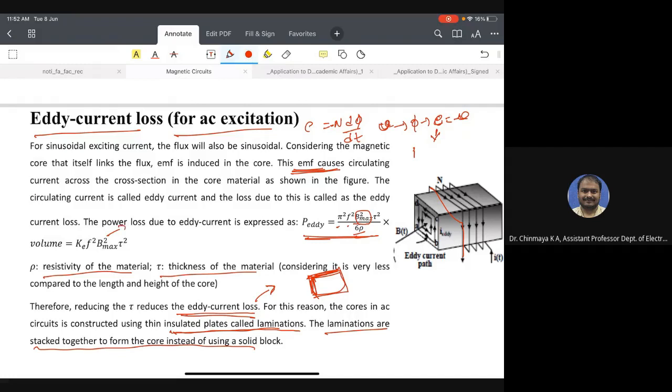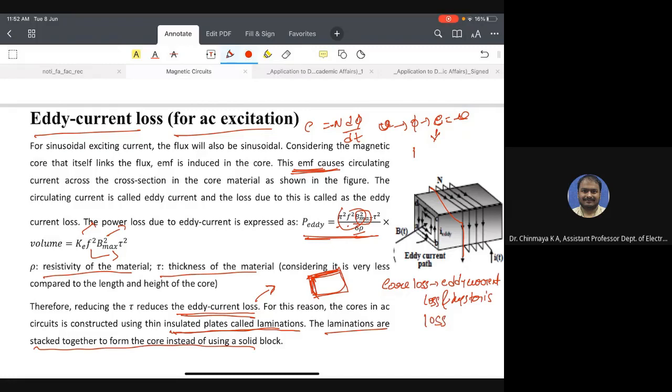B is the flux density, f is the frequency, and we are making this a constant K. The combination of eddy current loss and hysteresis loss we call core loss in a transformer. So I have described how to reduce the eddy current loss and hysteresis loss.